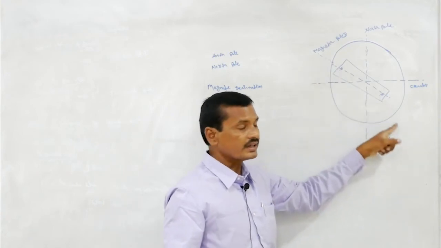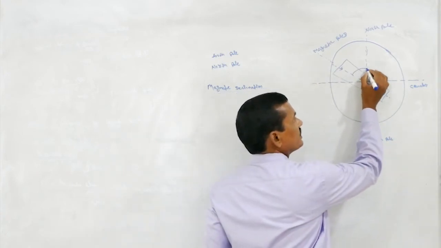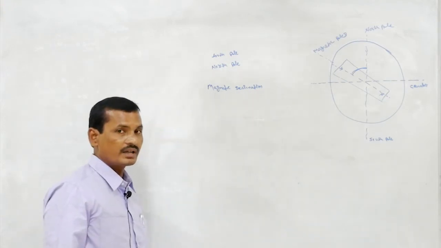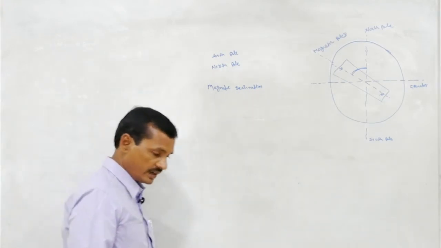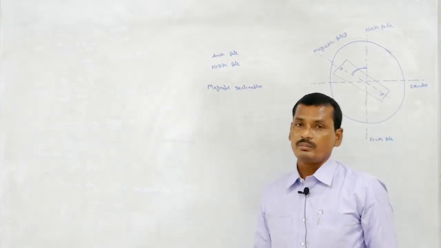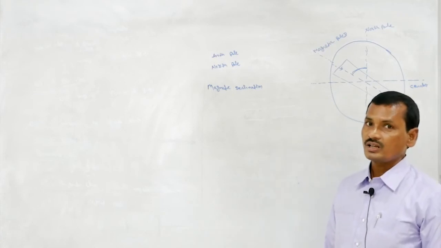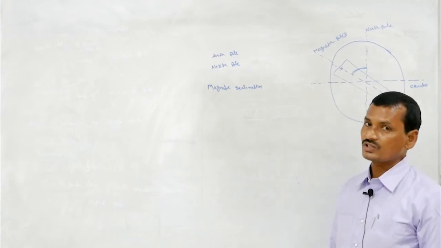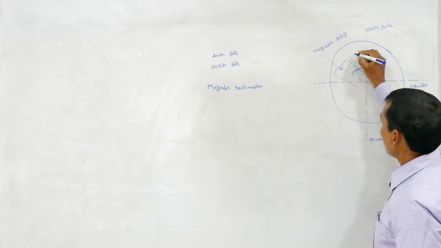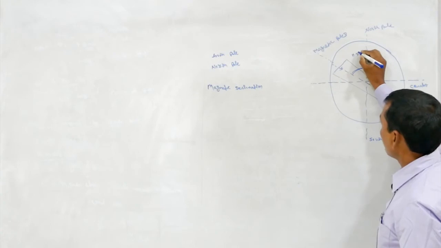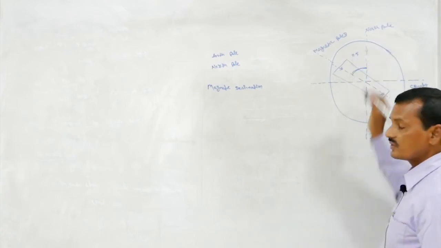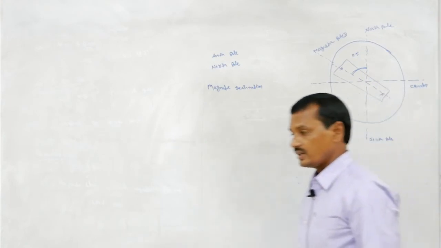This is the magnetic meridian. Therefore, this angle is called magnetic declination. By scientists' observation, the difference between the geographical meridian and the magnetic meridian is 11.5 degrees.